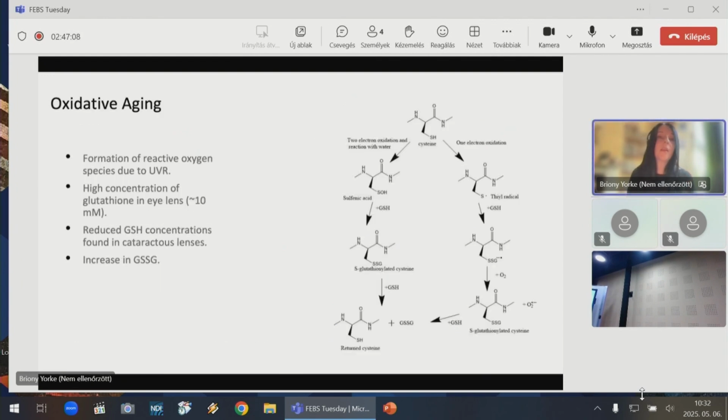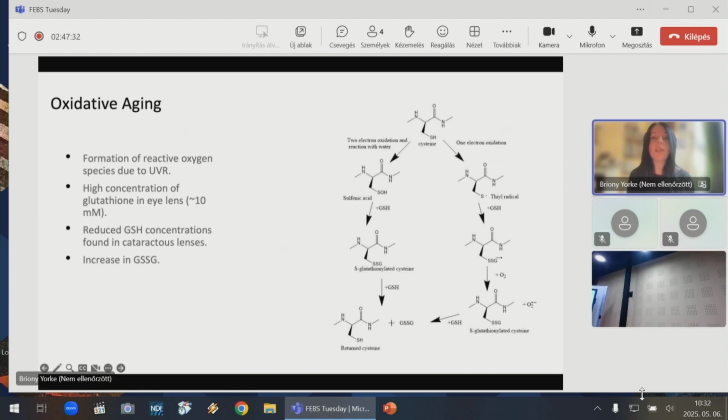The binding of the reducing agents really occurs due to the formation of reactive oxygen species over time and oxidation of our cysteine. So in our protein, you'll also see that at position 110, we see the sulfenic acid oxidation product of our cysteine.